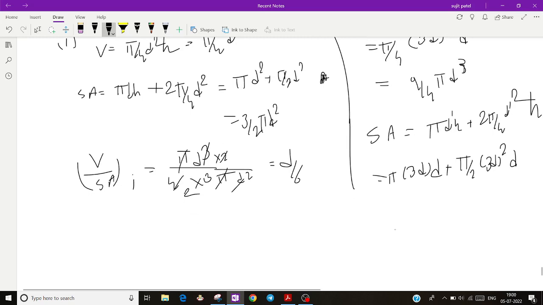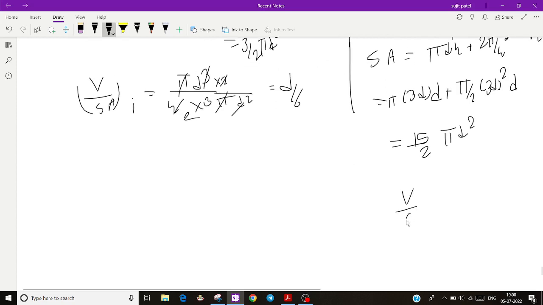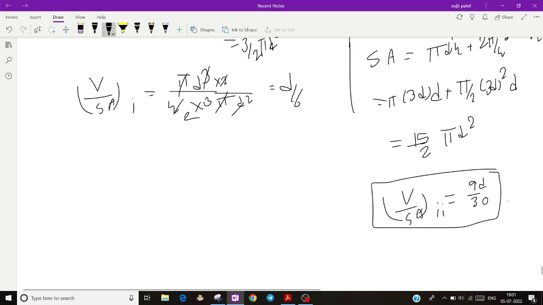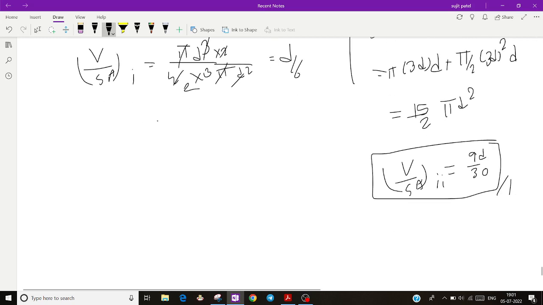So you will get the surface area as 15 by 2 pi d square. So for the second cylinder, volume upon surface area will be 9d by 30. I am writing some quickly because we have already seen this kind of procedure.